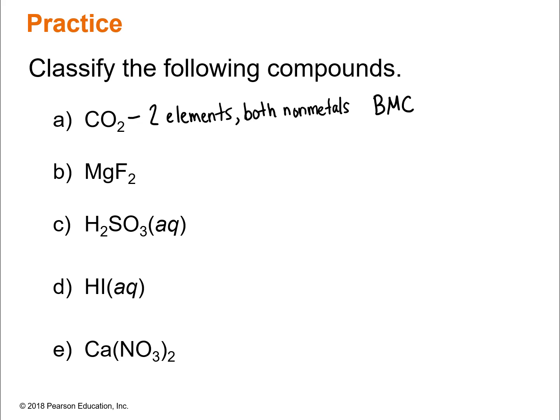Let's go on and do B together. How many elements do you see? And do we have metals, nonmetals, or both? Y'all already know, I'm going to ask the same questions every time. We got both. So we've got nonmetals and we have a metal.